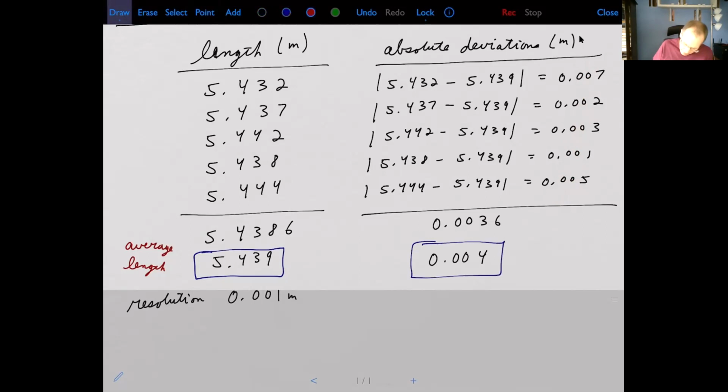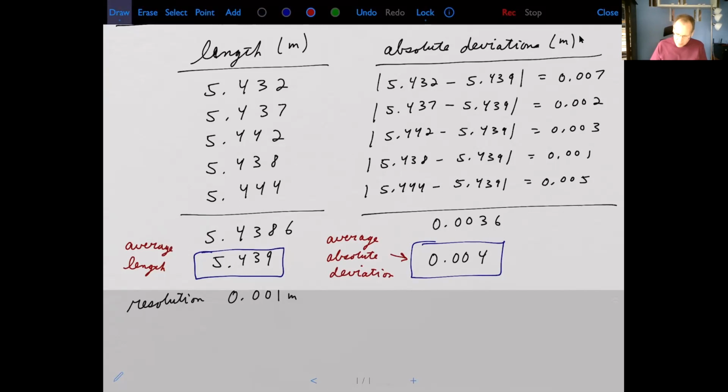Okay, and again, remember, this is called the average absolute deviation. Okay, now we're almost done, right?